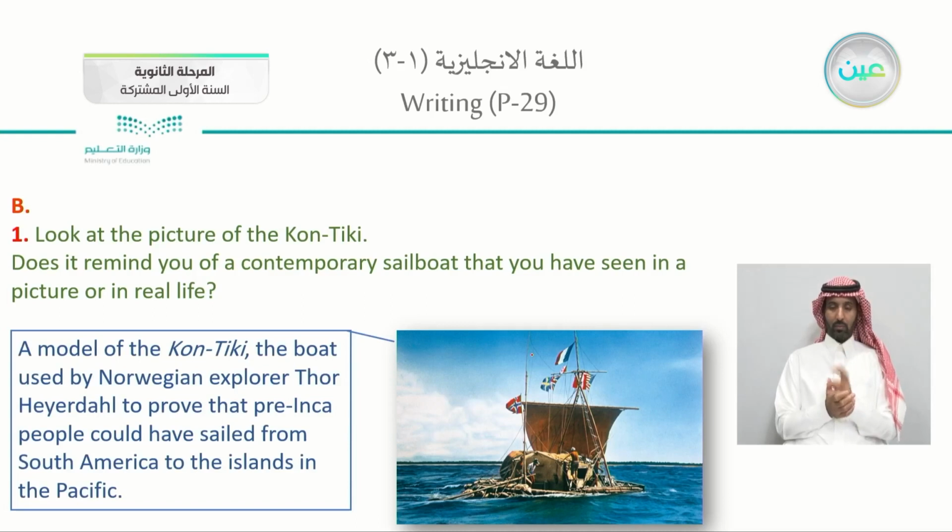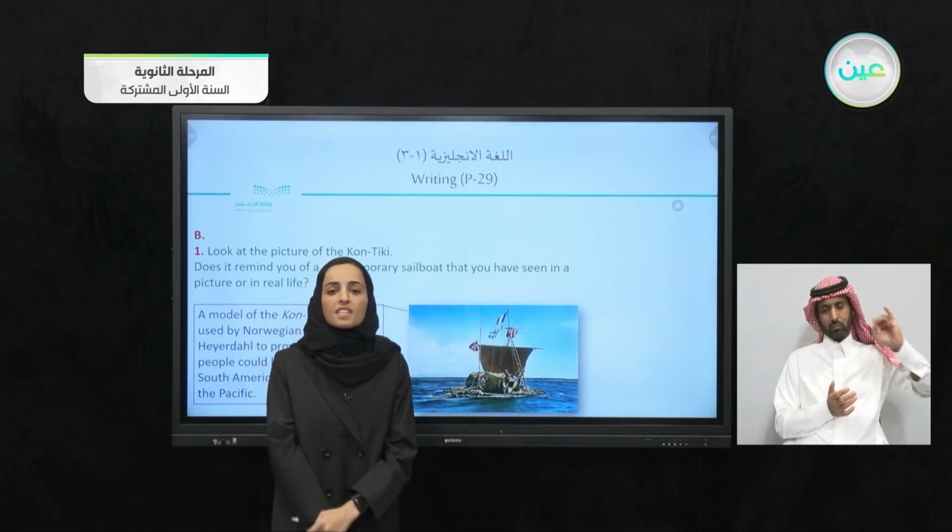A model of the Kon-Tiki. What is the Kon-Tiki? The boat that was used by the Norwegian explorer Thor Heyerdahl to prove that the pre-Inca people could have sailed from South America to the islands in the Pacific. This is a summary of the story of the Kon-Tiki.